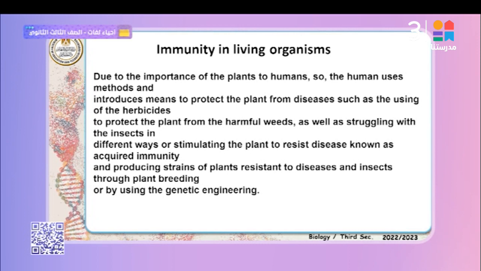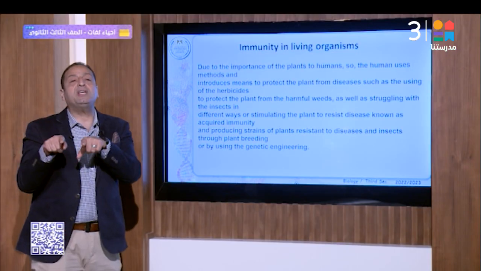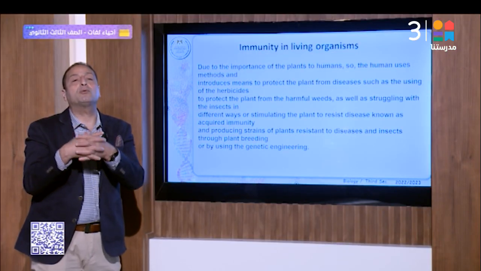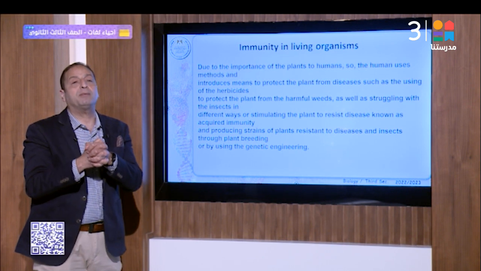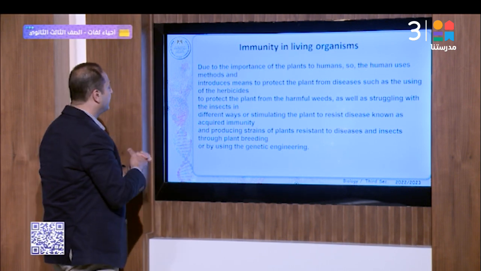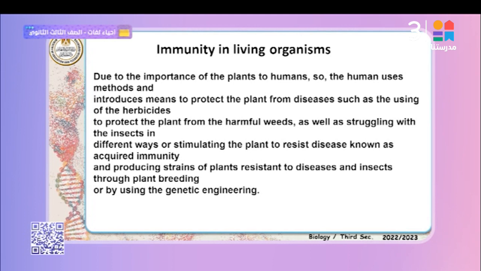Acquired immunity integrates with the innate immunity, and both work together to protect the plant from the invasion of microbes and pathogens. Strains of plants resistant to disease and insects are also produced through plant breeding or genetic engineering, called GMO.